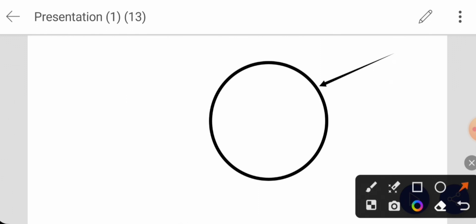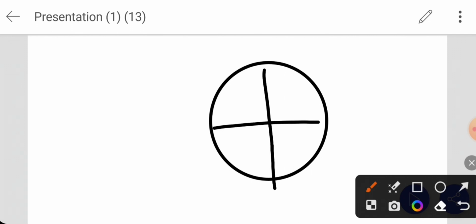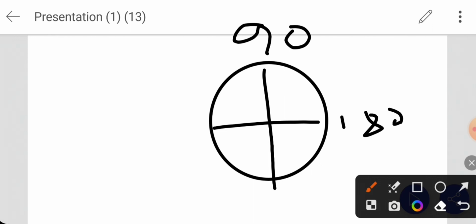It has two principal meridians, the vertical meridian and the horizontal meridian. Astigmatism is of two types: regular astigmatism and irregular astigmatism. Regular astigmatism means the axis can be 90-degree or 180-degree.